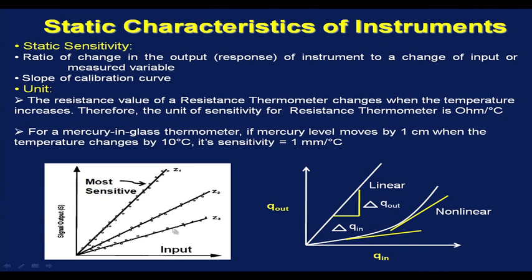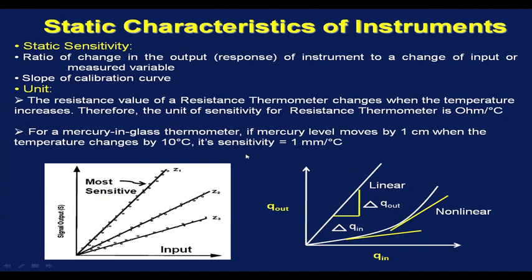It is easy to recognize that the sensitivity of this instrument is highest, next sensitive is this instrument, and last is this one, because the gradient is steep here compared to these two. So, delta output by delta input value is maximum here compared to this and then this.